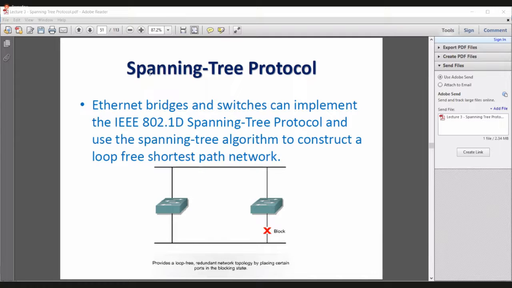So we were discussing the spanning tree protocol. Now you know the purpose of the spanning tree protocol. At the layer 2 level, we want to maintain some redundancy for a reliable or fault-tolerant network, but it introduces some loops within the network.